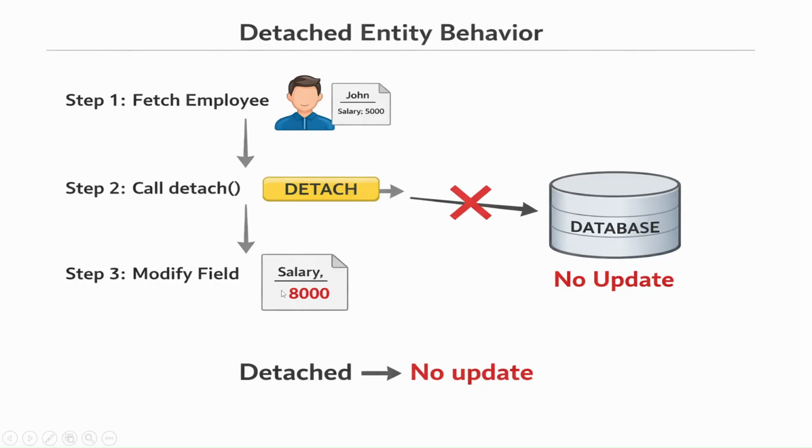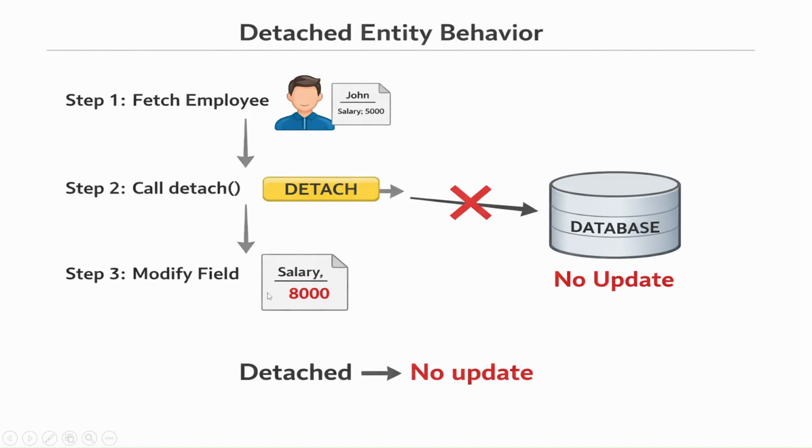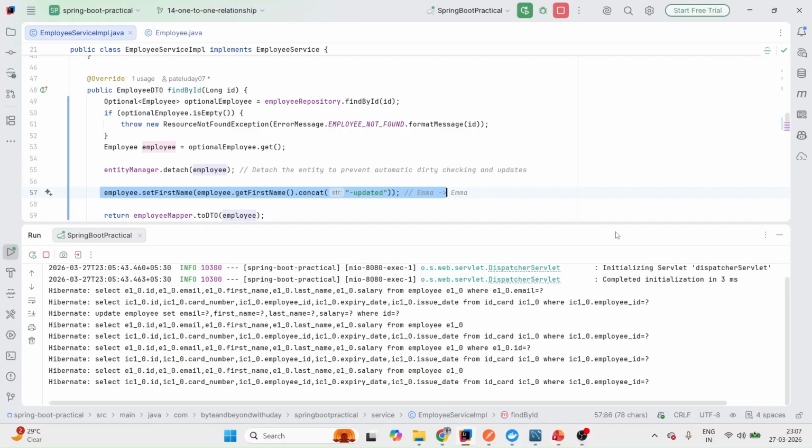And in this example, we can see it is salary. We can update any field, right? We can modify any field. In our case, we are modifying the first name, right? But because our entity is in detached mode, the update is not going to save in the database. So that's what is happening right now.